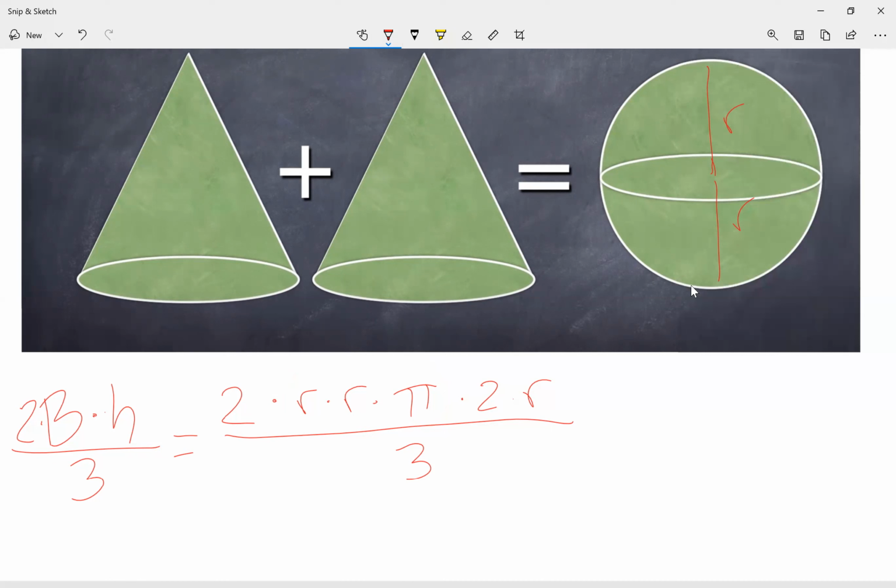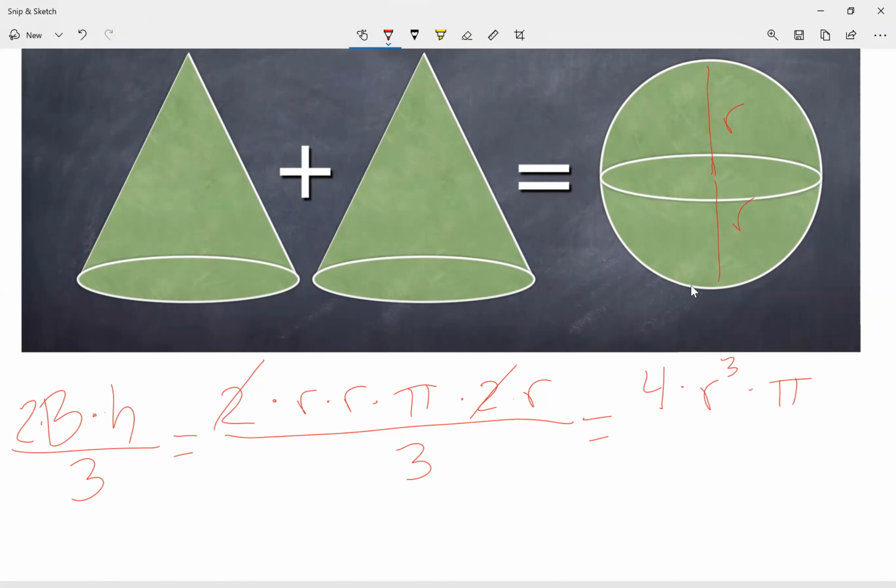But let me simplify this formula. On the top, let me combine these two numbers by multiplying them. 2 times 2 is 4. For the radius, I'm going to say radius to the third times pi. If you notice, I combined my radii.